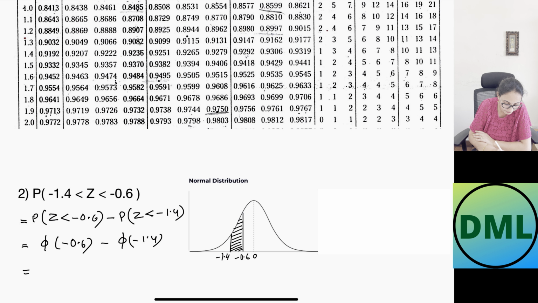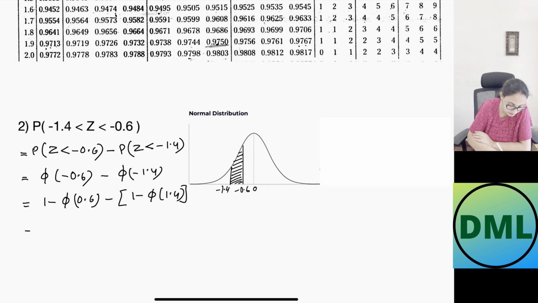Negative of phi value will be written as 1 minus phi of 0.6 minus bracket 1 minus phi of 1.4. If I open the bracket here, this will be written as 1 minus phi of 0.6 minus 1 plus phi of 1.4. 1 got cancelled from here. This will be written as phi of 1.4 minus phi of 0.6.